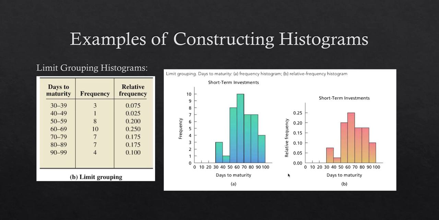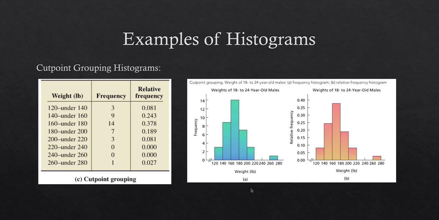So be careful with your classes. Make sure you're going from 30 to 39, and then immediately stopping at 40 there, and then starting the next class. Immediately stopping at 50, starting the next class, and so on. And cut point is very similar. Notice 120 to 140, 140 to 160, and so on. It looks very similar. So drawing a histogram is similar to a bar chart, and that's basically what we're doing here.